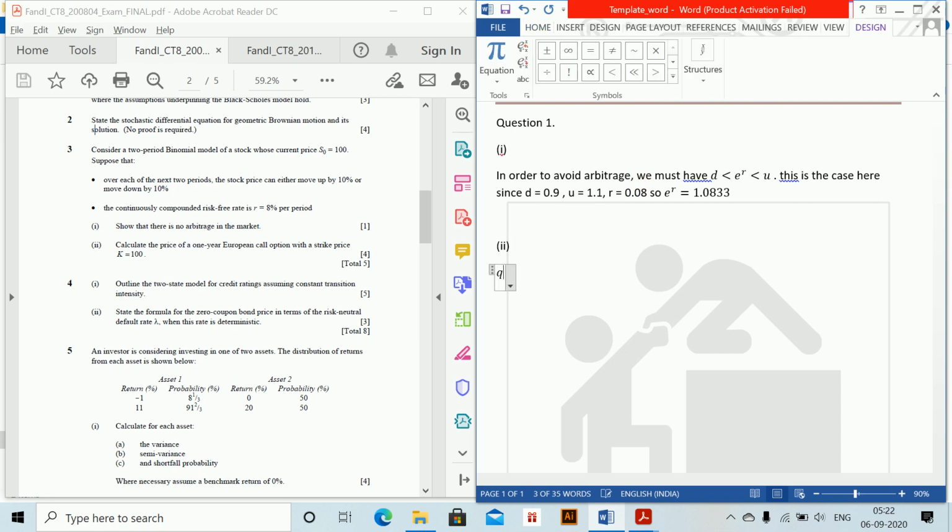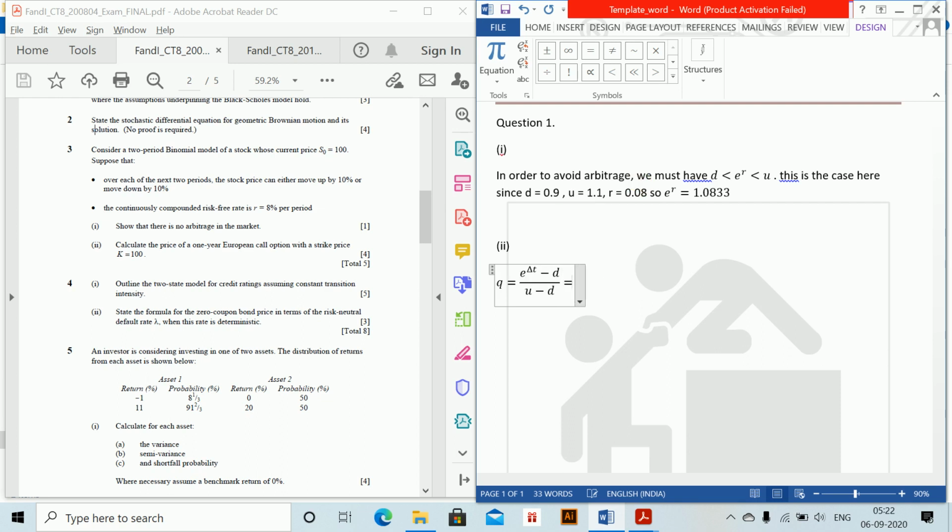Second part. First we have to calculate the Q. So Q is e to the power R delta t minus d, divided by u minus d.